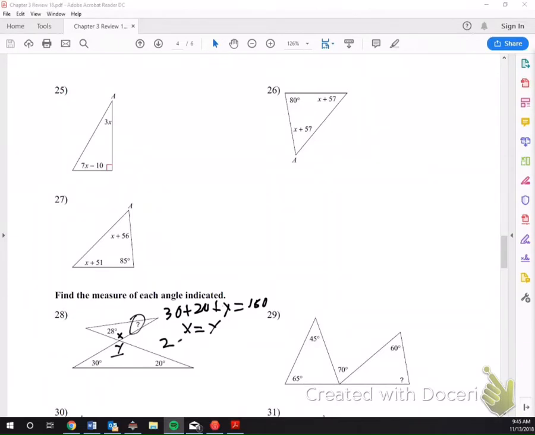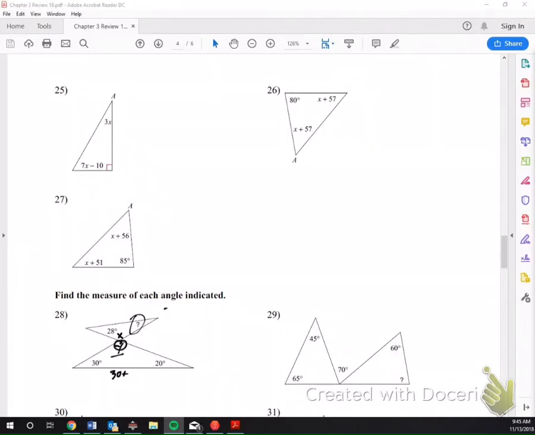And then we know that 28 plus X plus question mark equals 180. So we're going to solve for this Y right here. It's going to plug in. That's going to give us our X. We're going to take that X, plug that in right there, and then we'll be able to solve for our question mark. So now I can erase all that.